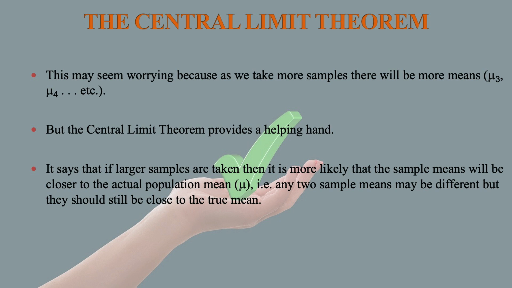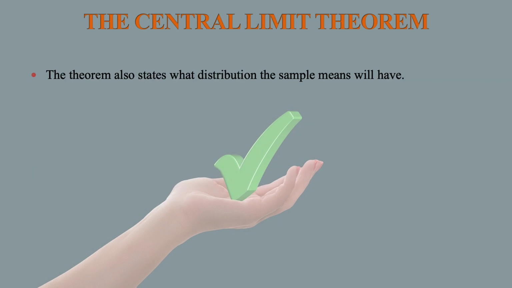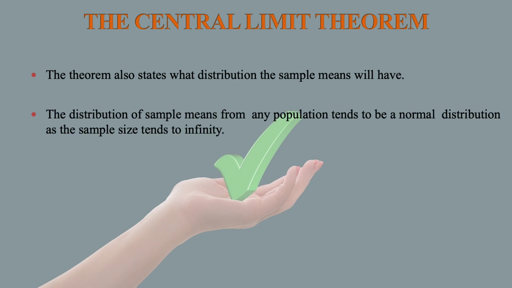Any two sample means may be different, but they should still be close to the true mean. The theorem also states what distribution the sample means will have. The distribution of sample means from any population tends to be a normal distribution as the sample size tends to infinity.